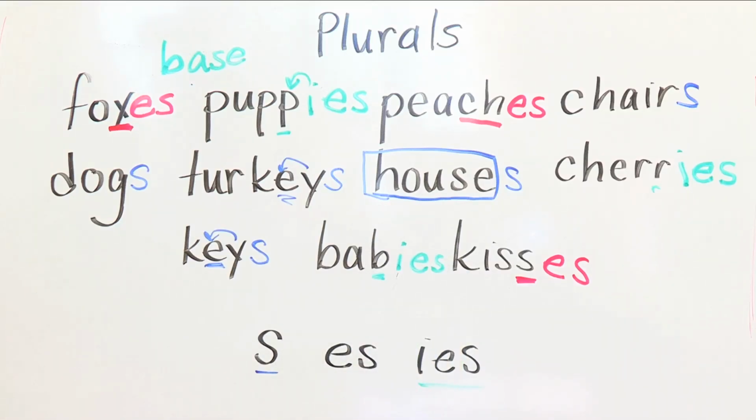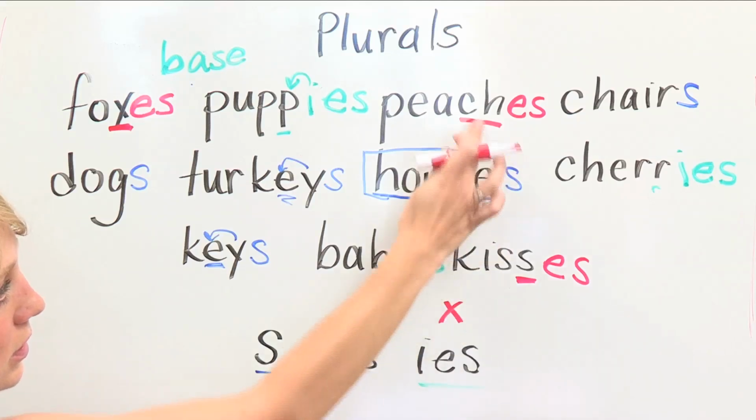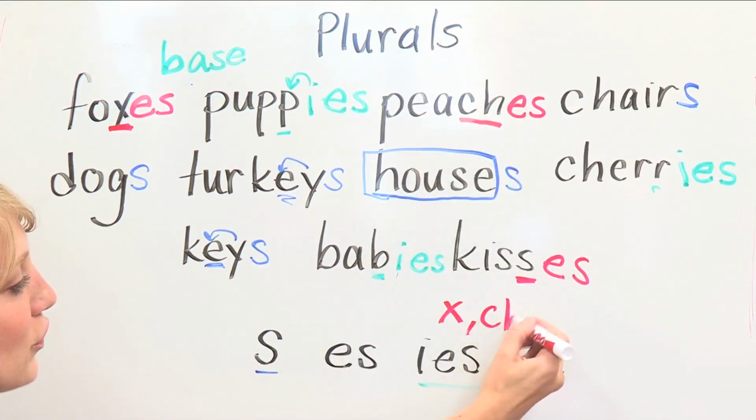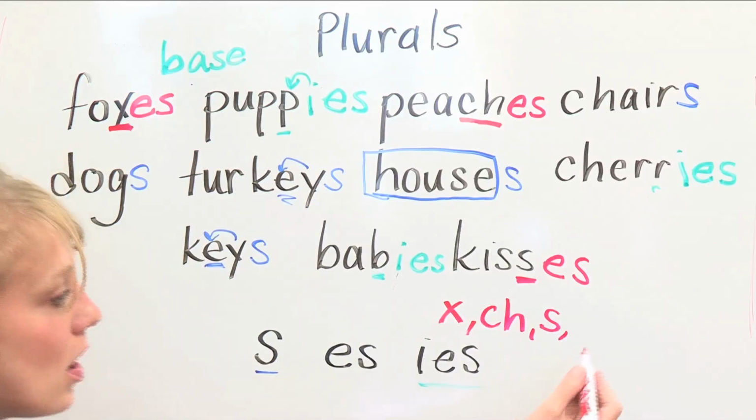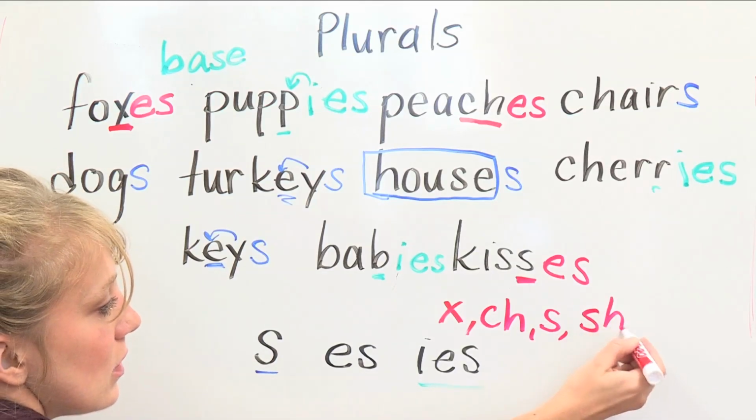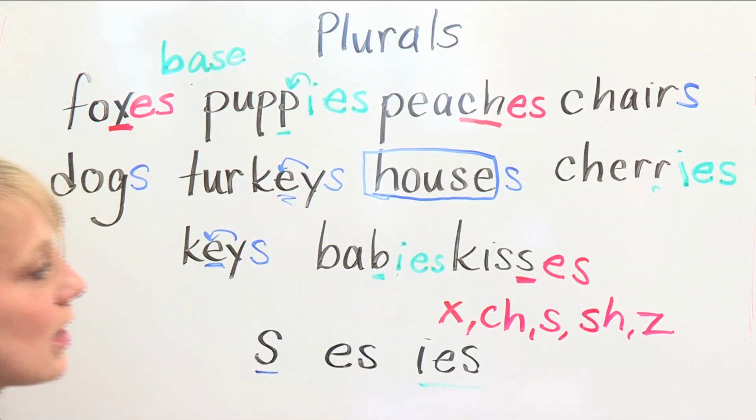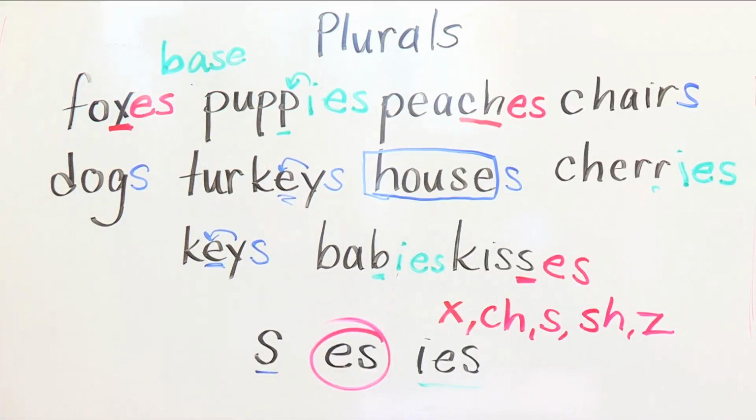All right, let's go to ES here. ES follows a great rule. If a word ever ends in X, CH, S, SH, and Z, you always add ES.